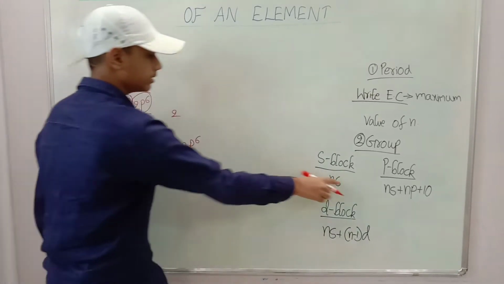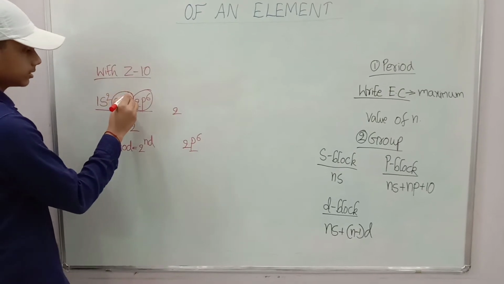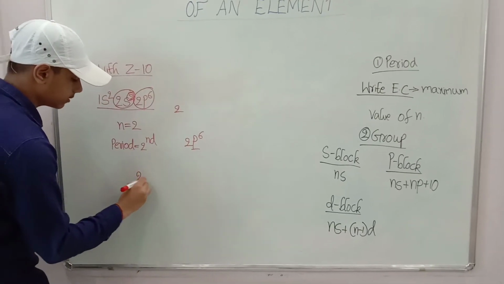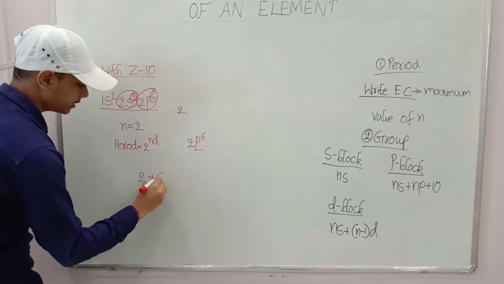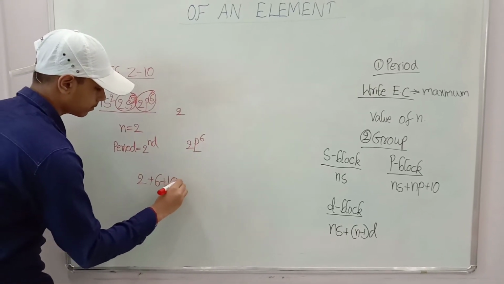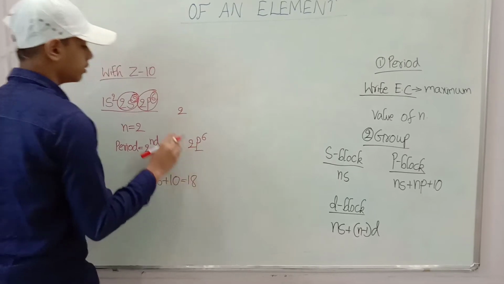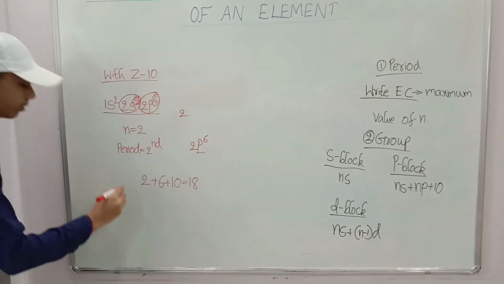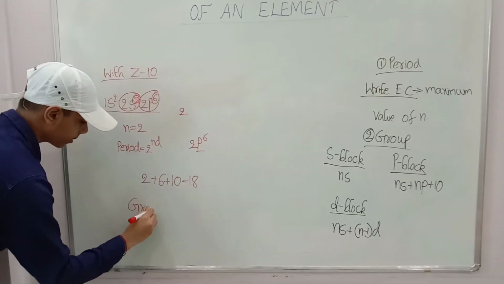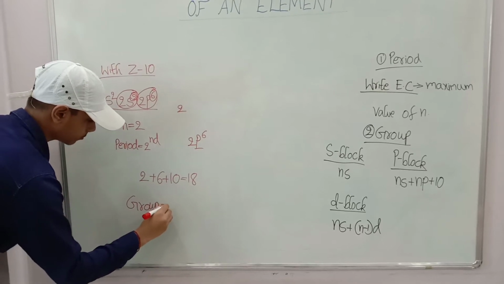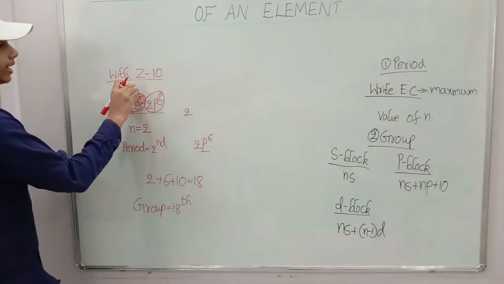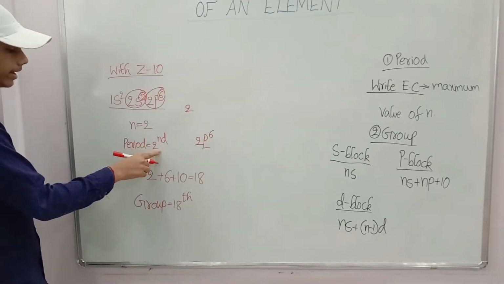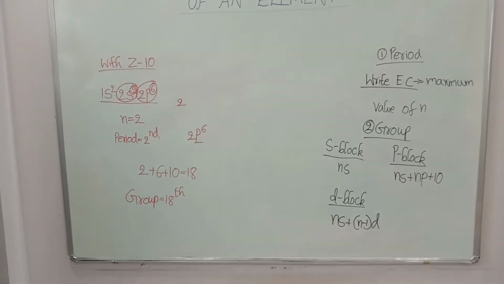For ns we have 2 electrons, so 2 plus, for np we have 6 electrons, 2 plus 6 plus 10. We get 18. So the element with atomic number 10 belongs to the 18th group. So the element with atomic number 10 belongs to the second period and 18th group.